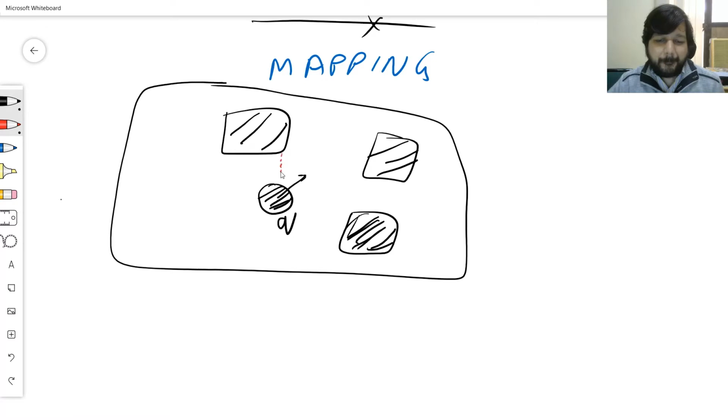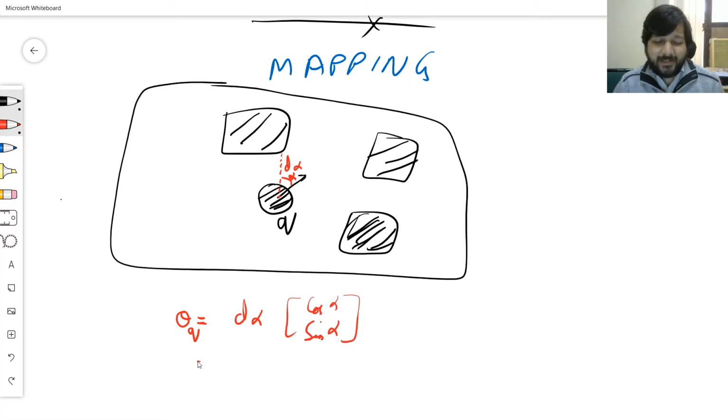So the laser beam strikes at a distance of d alpha. So I know that there's an obstacle O in my local coordinate frame Q, which is at d alpha cos alpha, and d alpha sine alpha.